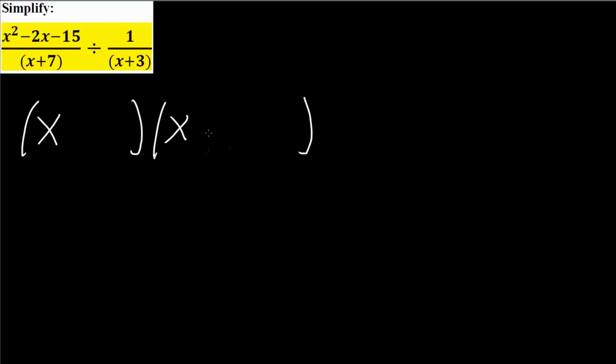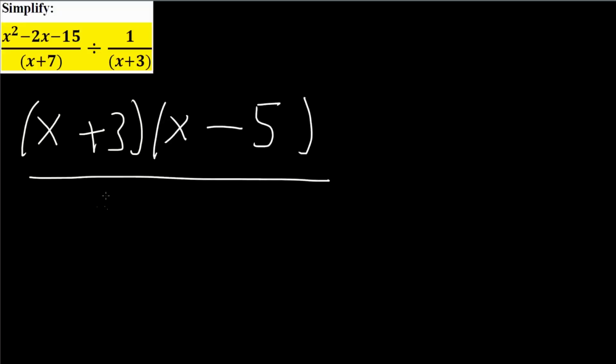Since I don't actually know it, but I know to get negative 15 I can do 1 times 15 or 3 times 5. 3 times 5 would make the most sense, because if I say minus 5 plus 3, I would get x times negative 5, so negative 5x, plus 3 times x is 3x, so negative 5x plus 3x is negative 2x. So this is what we want to have, divided by x plus 7.